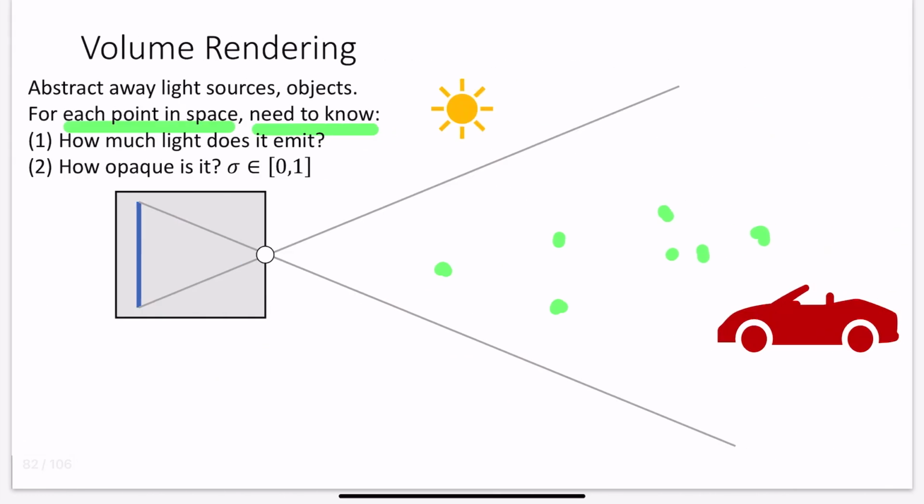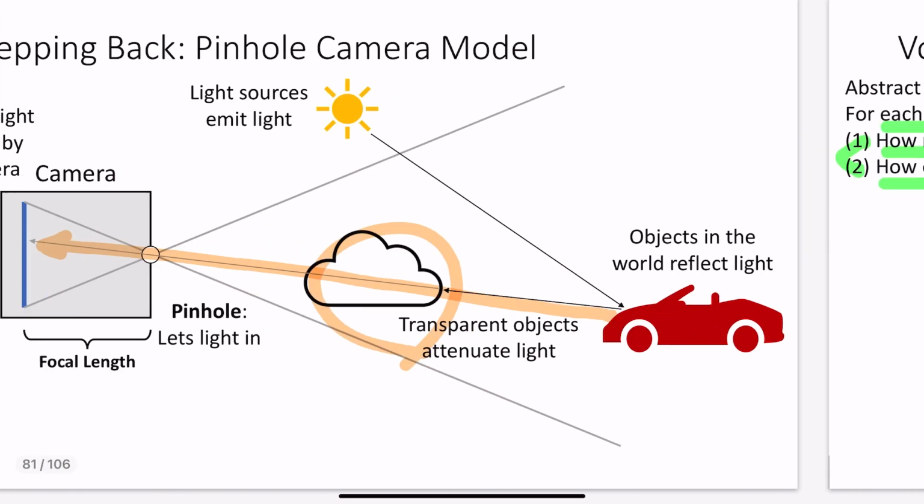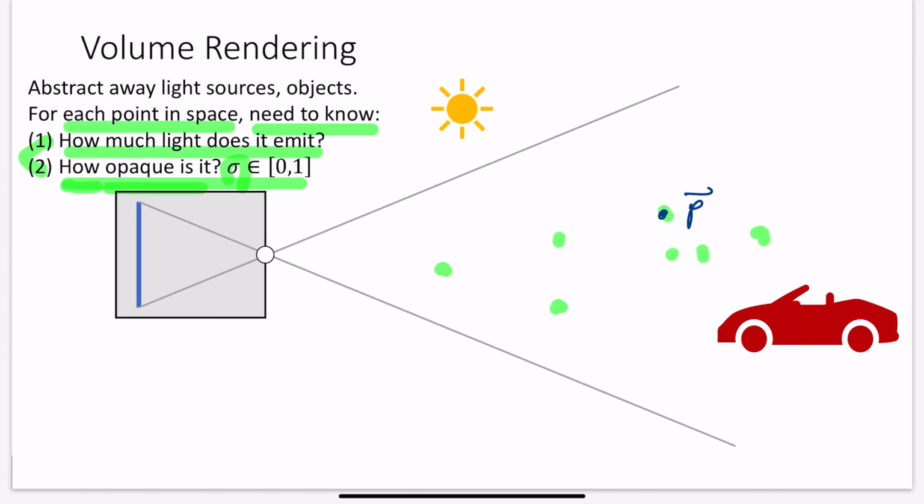First of all, how much light does it emit at each point? And how opaque is it? Let's say sigma from 0 to 1: 0 is transparent, but 1 is an opaque object. So the question is, how opaque is it? That's what volume rendering needs to consider.